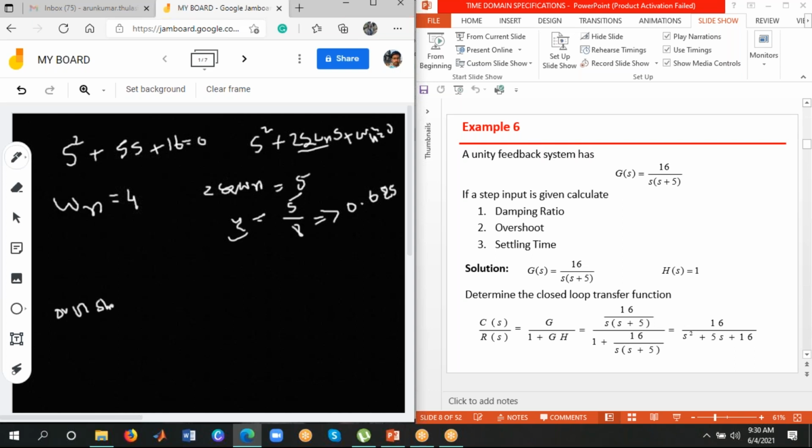Next, overshoot. What is the formula for overshoot? Percentage of Mp equals e power minus zeta pi divided by square root of 1 minus zeta square, into 100. This is the formula for maximum overshoot. Find this value.